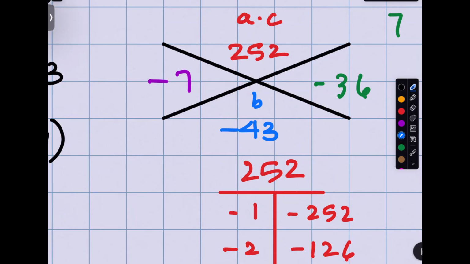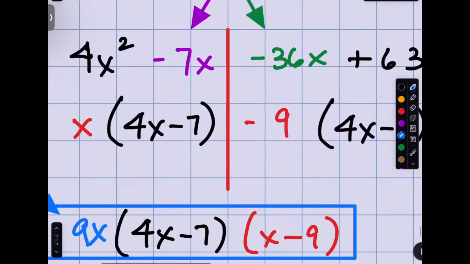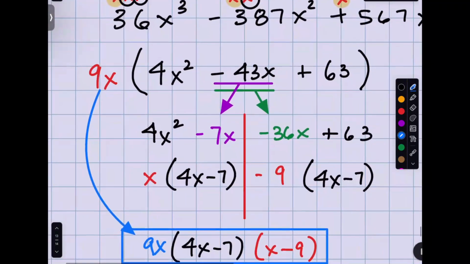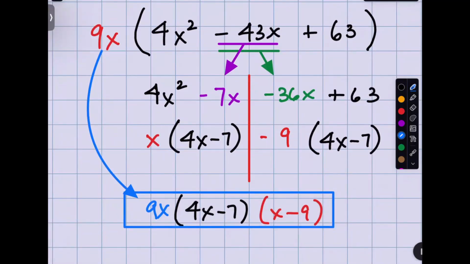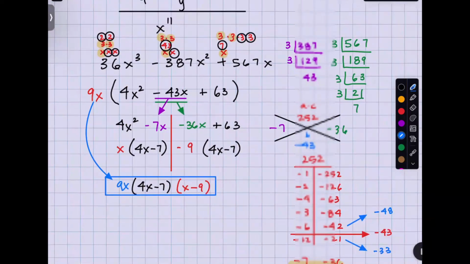I've got to stop there after the GCF. Then this right here on top with the 9x, that would be my answer, if I couldn't find those two numbers. But you have your calculator in front of you, so we found those two numbers.